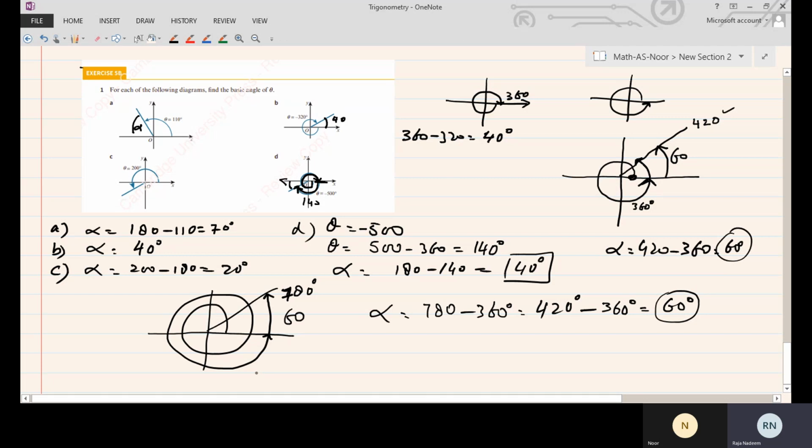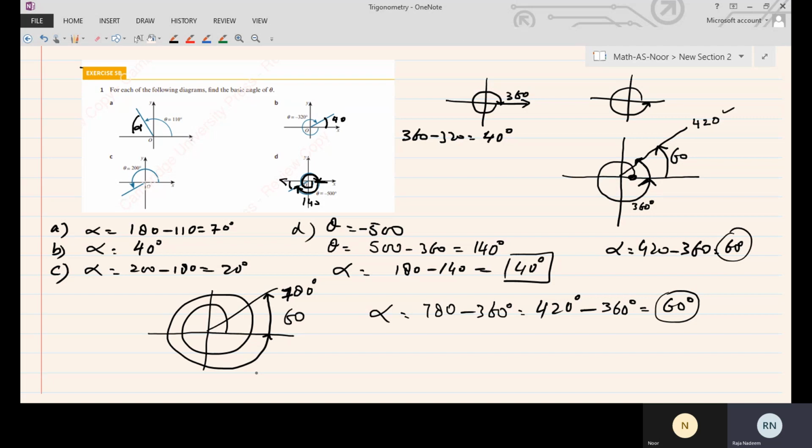From this example, I just want to tell you that if you are getting any angle which is very big, you keep subtracting 360 from the given angle until you get something less than 360. Once you get an angle less than 360, you'll be able to find the quadrant, and from the quadrant you'll write your basic angle.